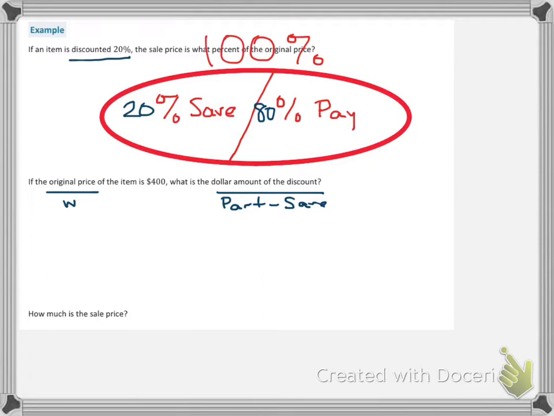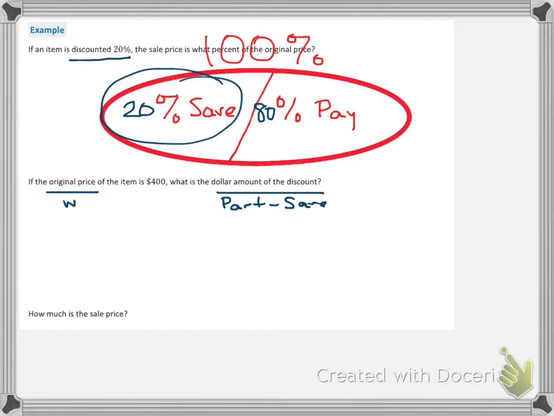So if I need to find the part that we save, I have to use the percent that we save to find that information. And the reason is because ratios have to be consistent and corresponding. If I compare dollars to donuts in one equation, I have to compare dollars to donuts in the second equation. It's the only way we get an equal ratio, an equivalent ratio.